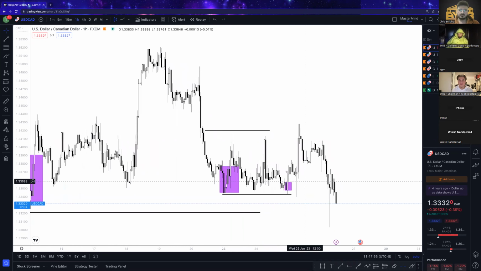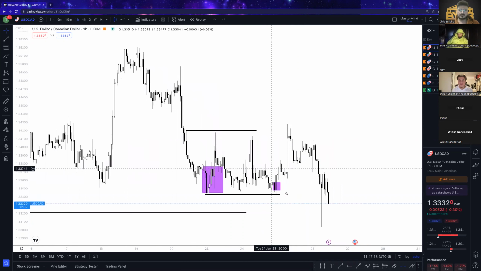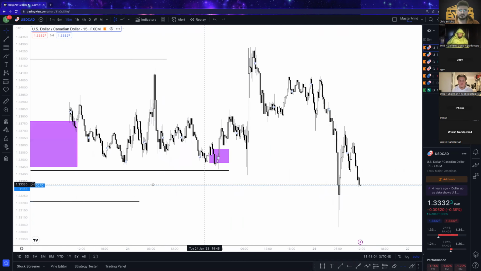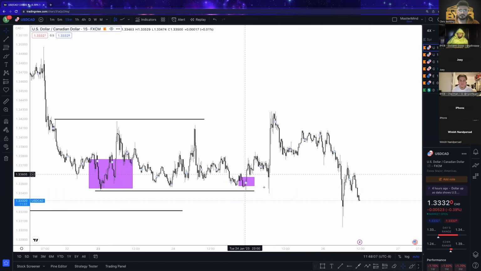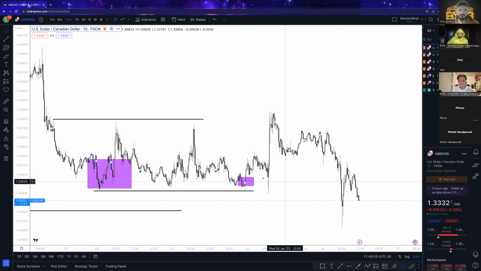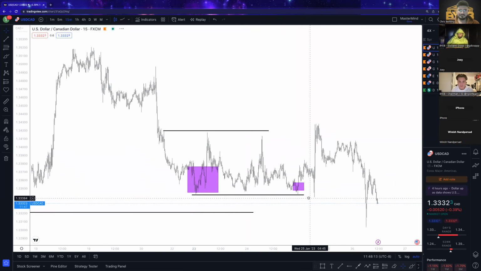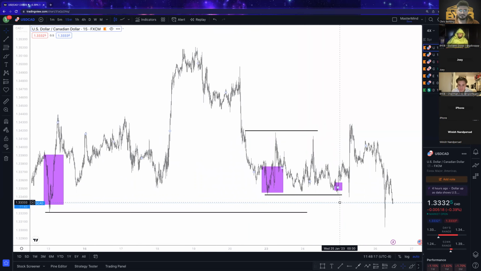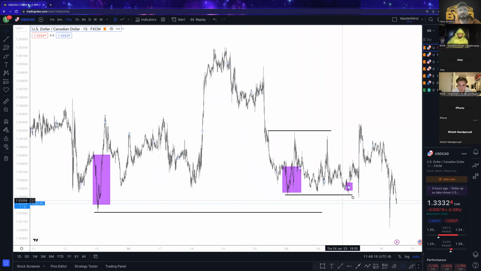So for me, I wouldn't just be entering, but to answer your question, being mindful of the area, like I was planning that trade, looking into what can happen, right? Got swept, created a new high.